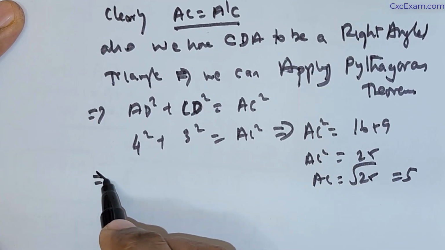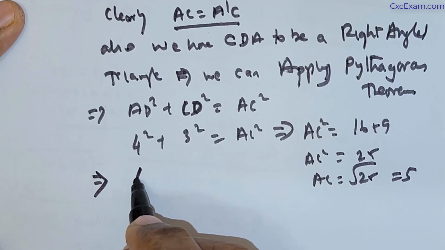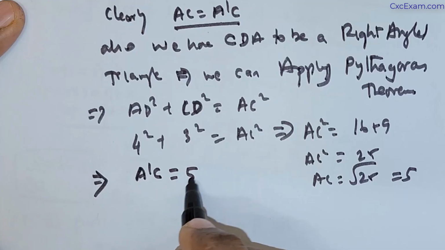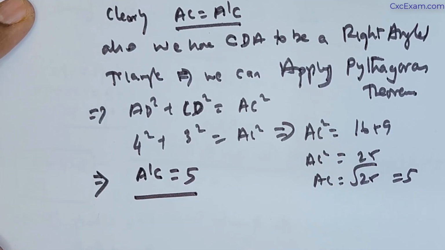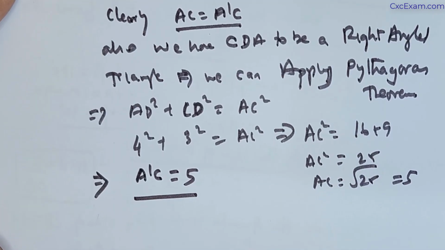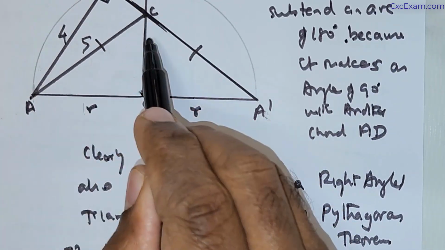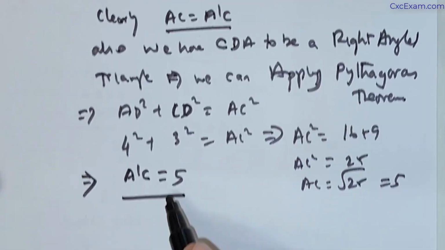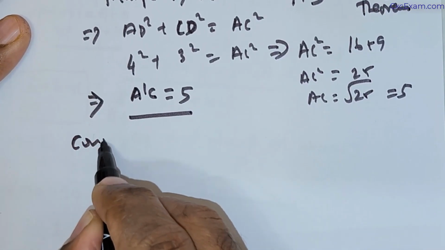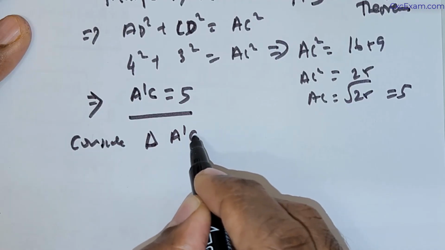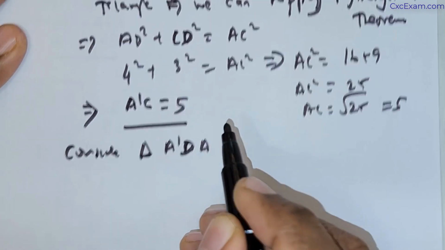So this means A dash C will also be equal to 5 units. Okay, now we have got that, but our requirement is to get OC. Now what I wish to do is I will consider triangle A dash D A.